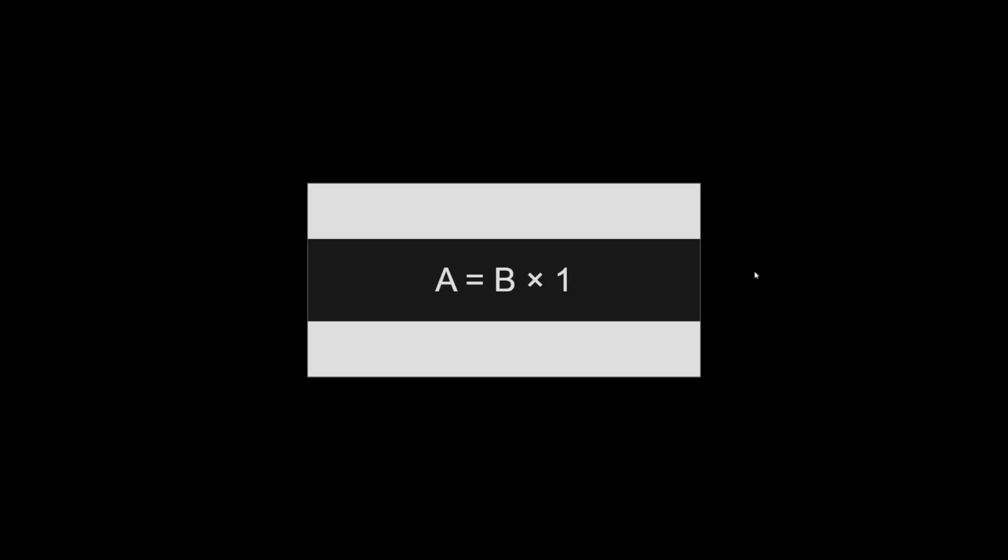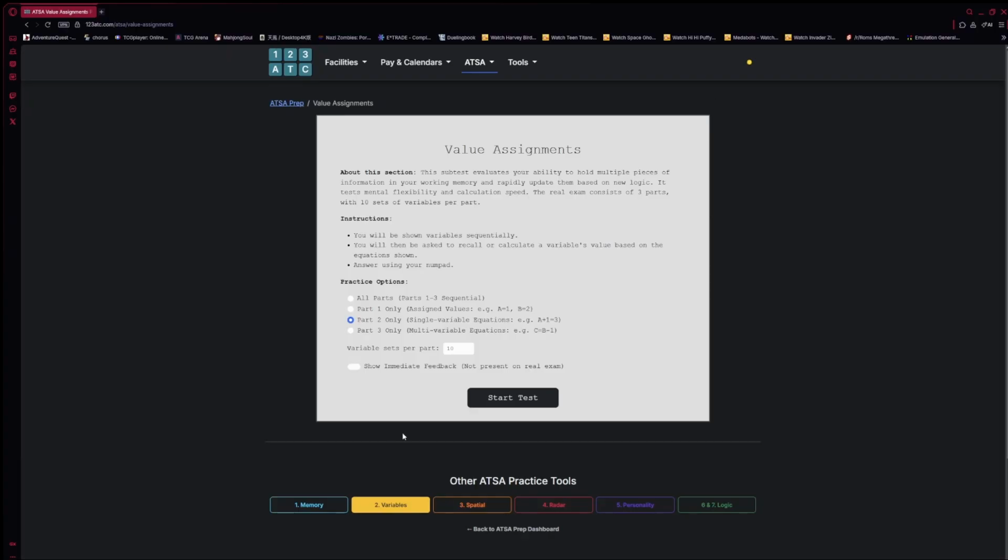A equals B times 1, B is 3, so A is 3, and C is 2. A is 3, B is 3, C is 2, and so on and so forth. And I think I made a mistake on the first question anyway.